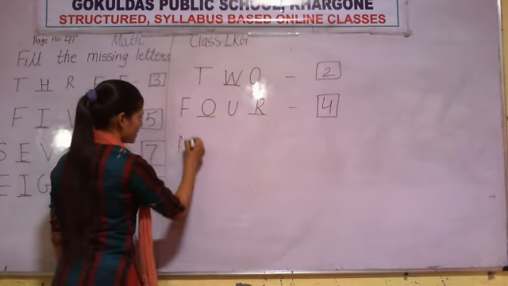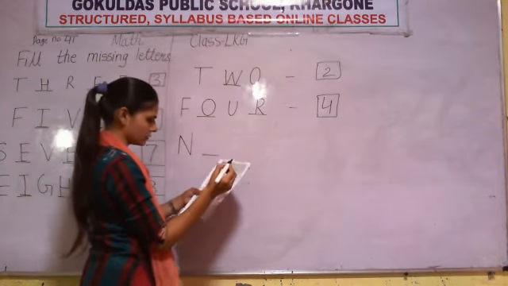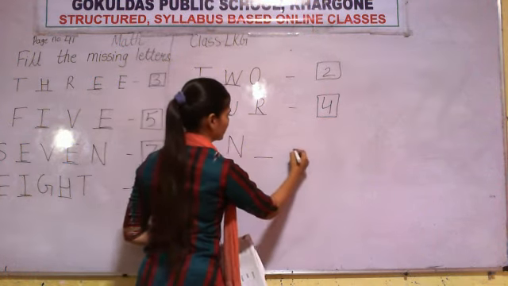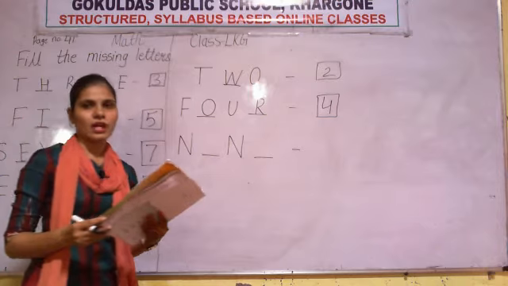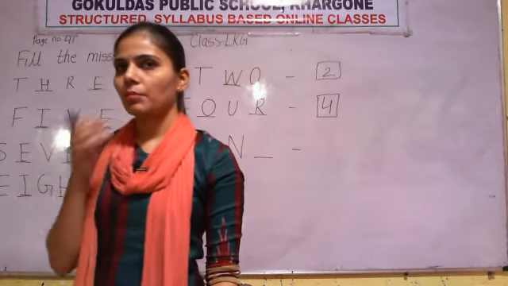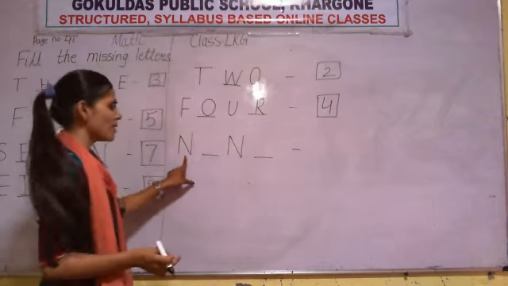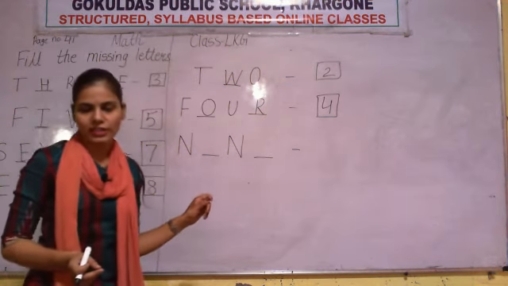Now next, write N, sleeping line, and sleeping line. Okay. So now think about number 9. What is the name of number 9? Because 9 starts from N. So think about number 9.